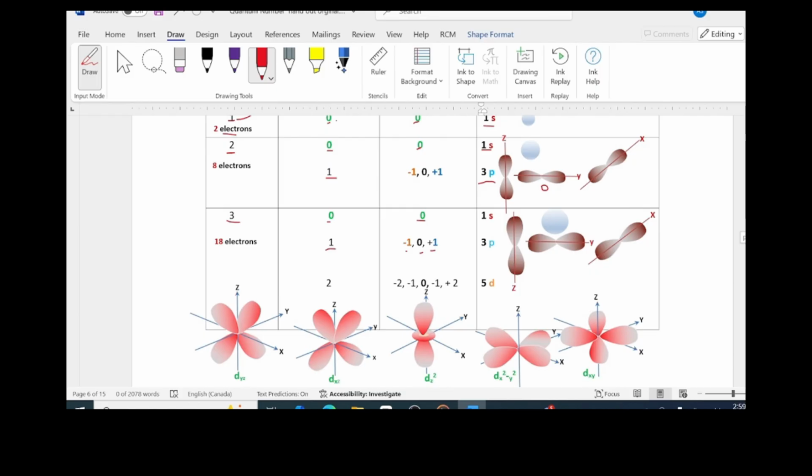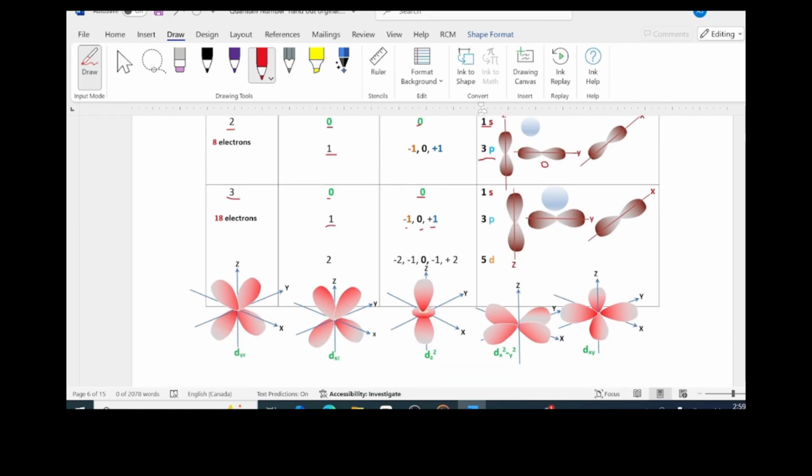Here comes in a different type of orbitals that we learn about later on that are called d orbitals. So look what happens. For n equals 3, you're having s orbitals having 0 secondary quantum number, 0 magnetic quantum number. P orbitals are having L equals 1, ML equals -1, 0, and +1.